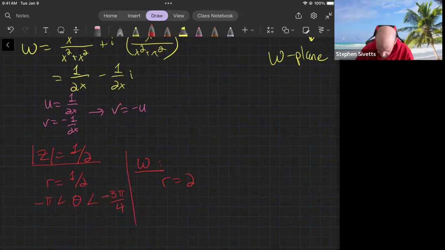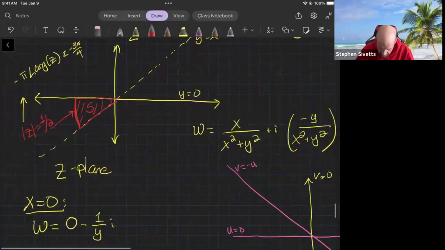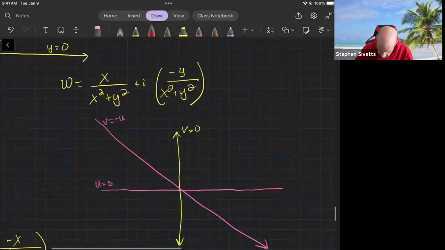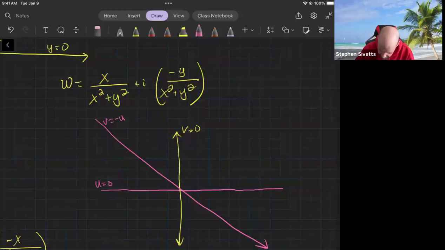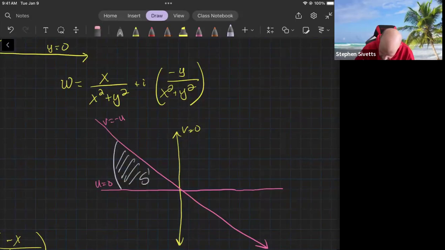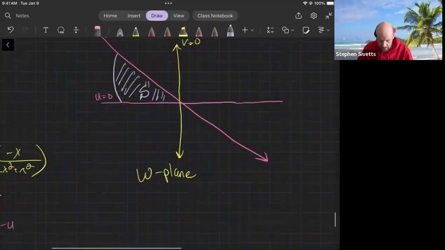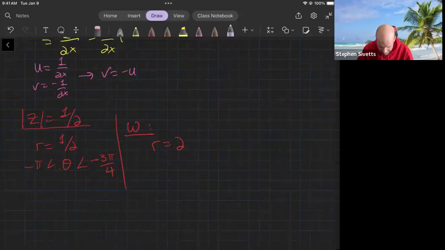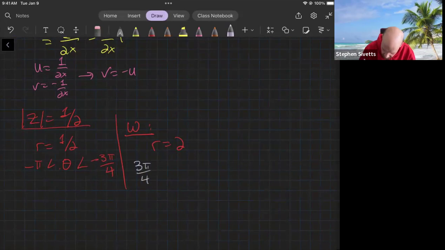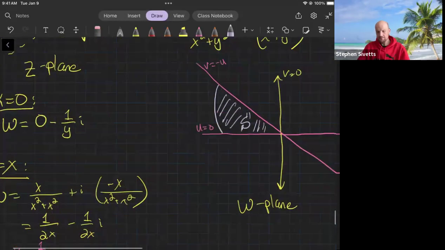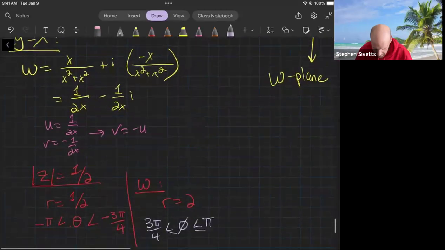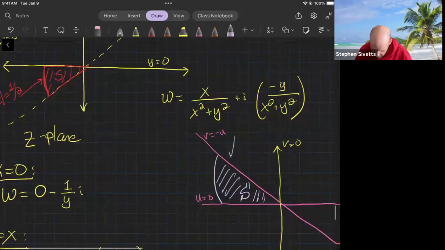Okay, so we'll have the circle of radius 2. And then we're going to have points in the second quadrant. So we reflect points on the real axis in W. So this would be the corresponding set S prime, so it would be 3 pi over 4 to pi. All right. So this would be the set S prime here.